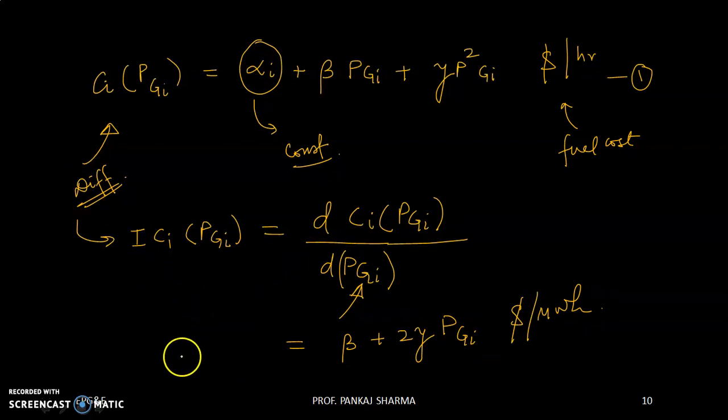This is your incremental cost function of power generation of the ith generator.